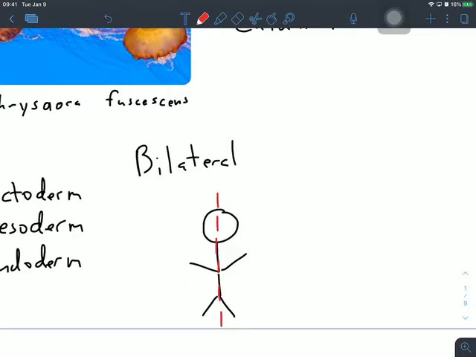From the head to the spine. The formation of the head itself is something unique to bilaterally symmetrical organisms. They went through the process of cephalization, or the formation of a head at the anterior end of the vertebral column.